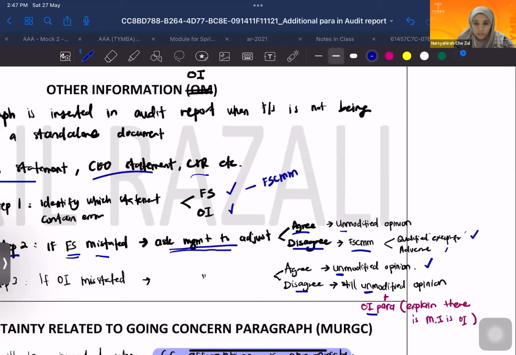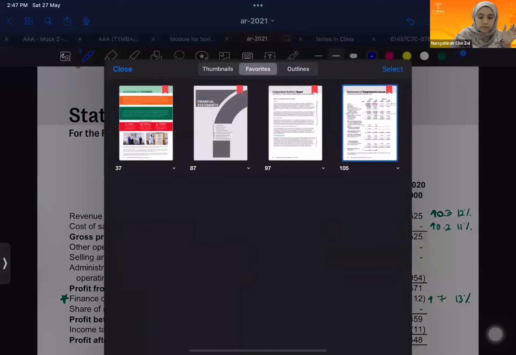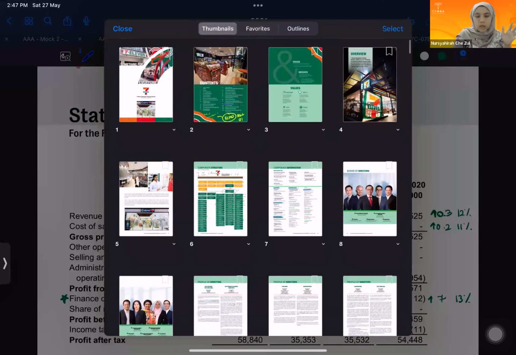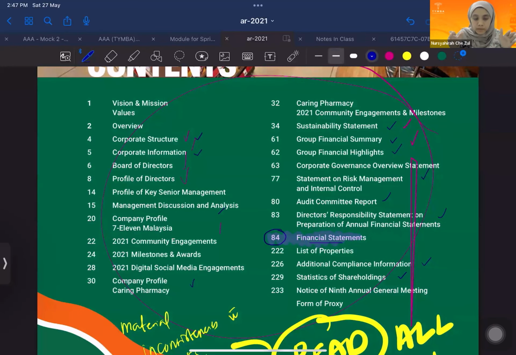However, in the OI paragraph, we are going to include a story, or the paragraph under OI will be a bit long, saying that there is a material inconsistency, let's say in the chairman's statement or in the director's statement or whatever statement it is. So that is the function of OI. So basically, guys, if the FS is being presented together with all of these statements, the OI paragraph will be there regardless of whether there are inconsistencies or not.